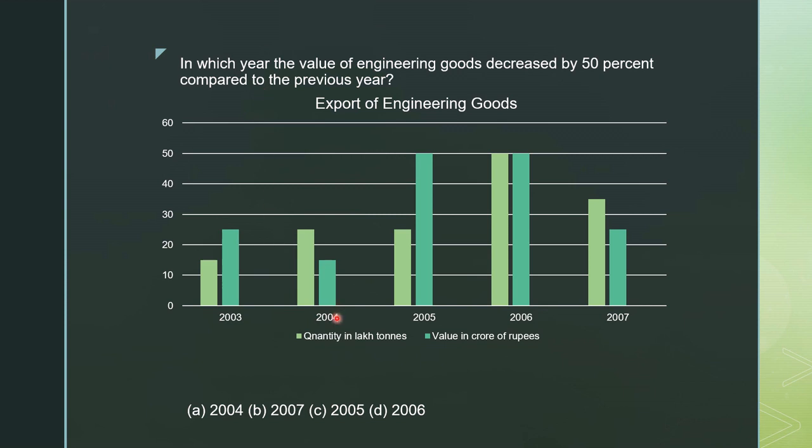So in 2004, if we consider option A, the value of engineering goods is 15. By which year does it have to be compared? The previous year, that means 2003.